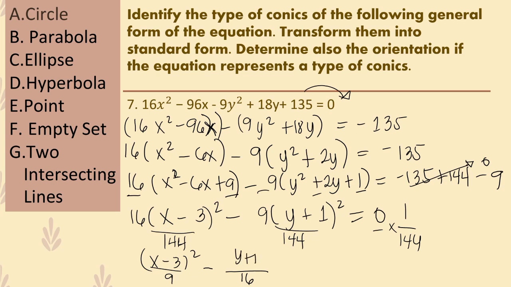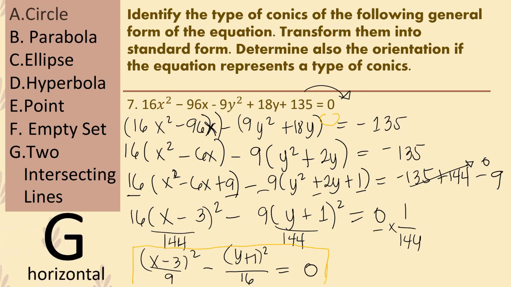So, y plus 1 squared is equal to 0. So, nag-0 siya. So, isa siyang degenerate conic sections and negative yung sign. So, ibig sabihin, ito ay degenerate hyperbola or known as two intersecting lines. And horizontal siya dahil positive yung x minus 3.